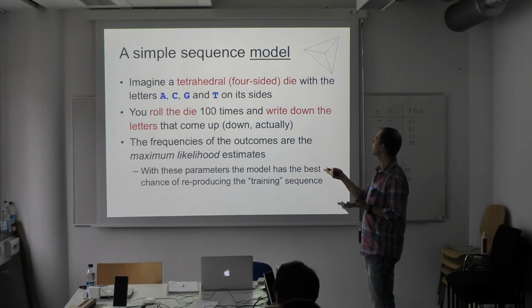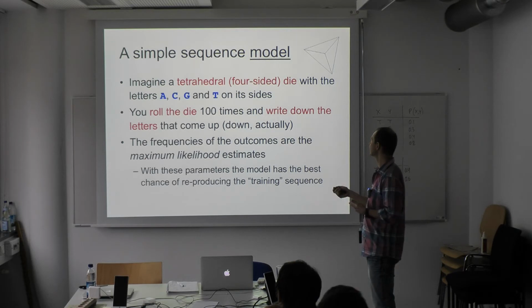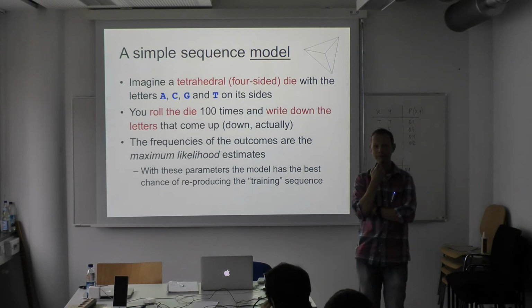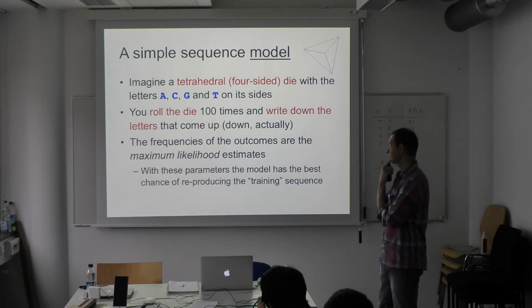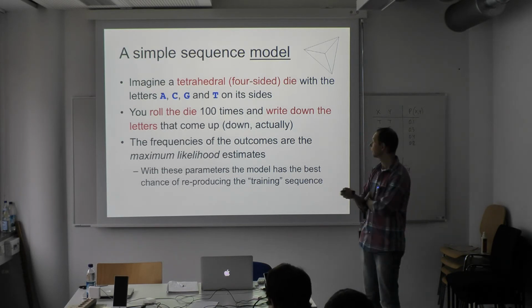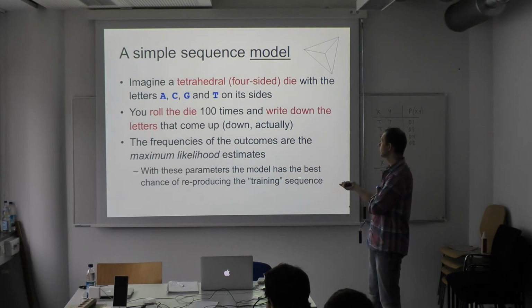You roll this die 100 times and you write down the letters that come up or down. The frequencies of the outcomes are the maximum likelihood estimates. It's that simple, right? At least in the very simplistic model that we have in mind here. With these parameters, the model has the best chance of reproducing the training sequence.